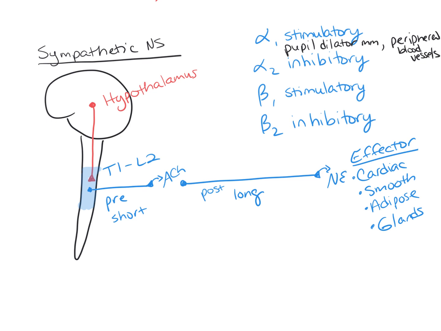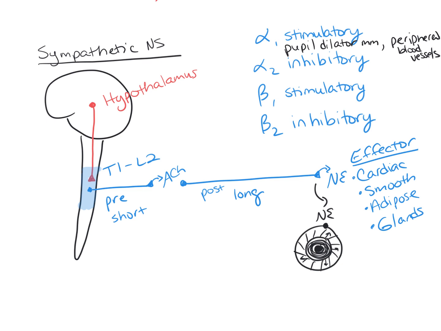So if norepinephrine is released from that postganglionic neuron and it binds to the pupil dilator muscle, and if you remember the pupil, so here's the pupil, here's the dilator muscles, and then these are the constrictor muscles. So if norepinephrine binds to the dilator muscles and these muscles contract, it's going to pull these muscles out, and then the muscle will dilate. So it's stimulatory. It causes those smooth muscles to contract and dilate that pupil.